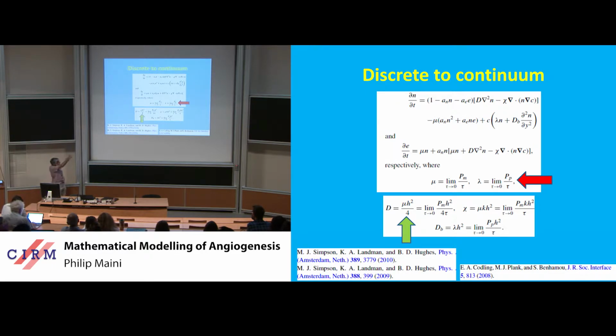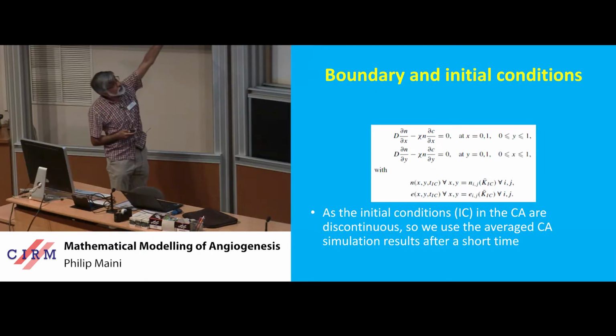But there's a mathematical thing there that needs to be done, okay? The boundary conditions are as expected, so they're all very boring, just zero flux, so we'll ignore them.